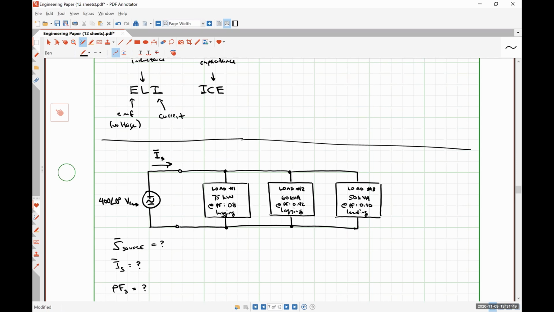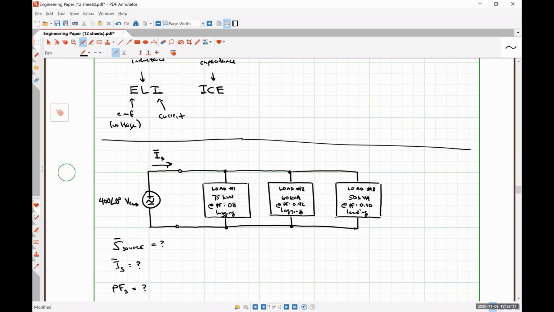So this is a circuit just like any other that we've worked, but the information is presented to us in a significantly different way than we are used to, right? We don't know anything about the impedance, although we could find it if we wanted to, but we actually don't need to know anything about the impedance of any of our loads either.